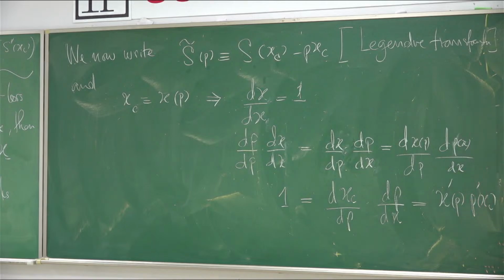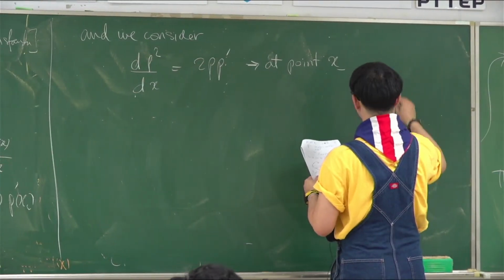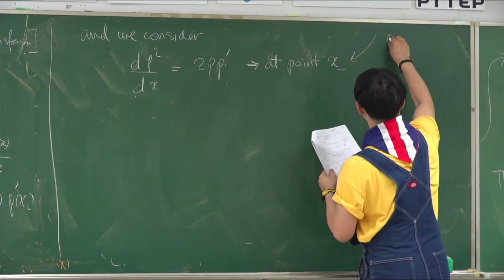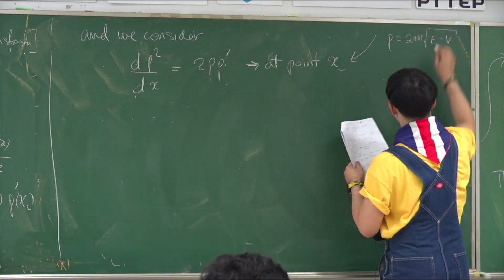So you will get 2p, right, this one, and at the point x, which is something related to this.